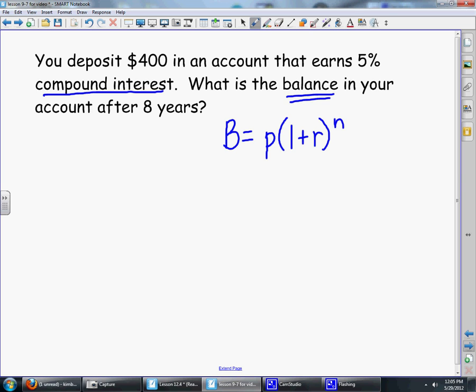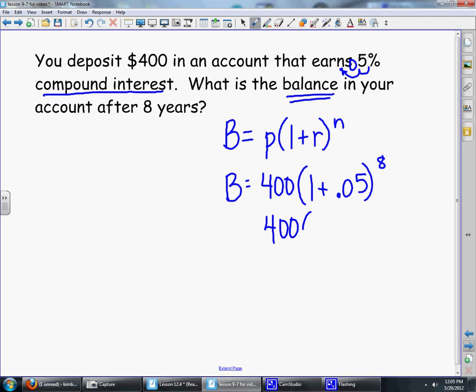Okay, let's go ahead and see if you did this problem correctly. So you have 400 times 1 plus the interest rate. 5% we changed to a decimal. That is 0.05, and that's to the 8th power. So it's 400 times 1.05 to the 8th power.